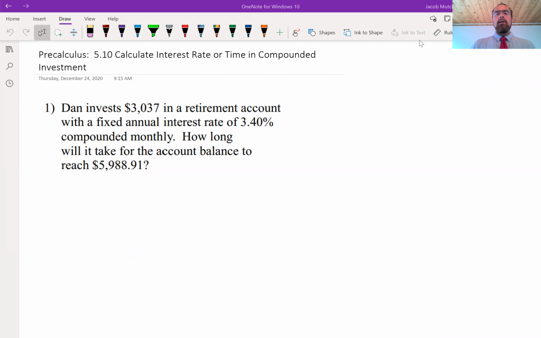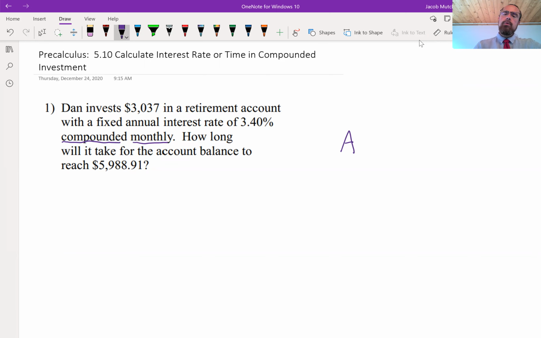We're trying to find out how long will it take for the account balance to reach $5,988.91. So since we are looking at something that is compounded, in this case, monthly, that tells me that the formula that I need to pick up is the one that involves compounding in certain intervals over the year.